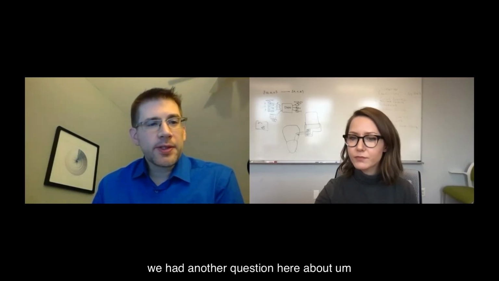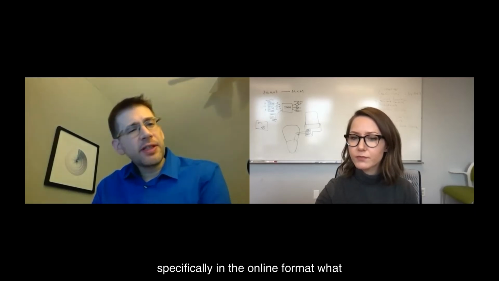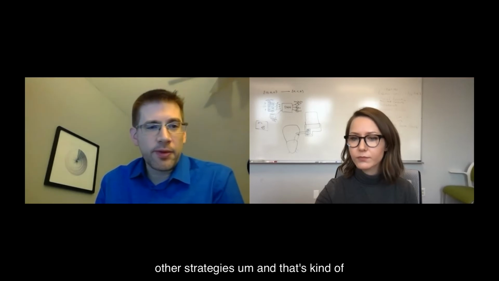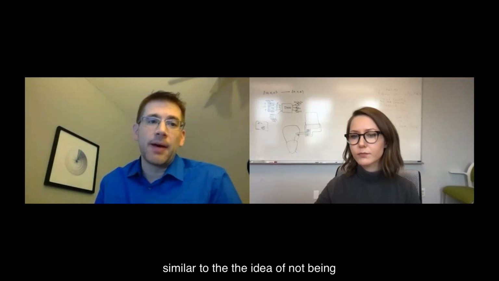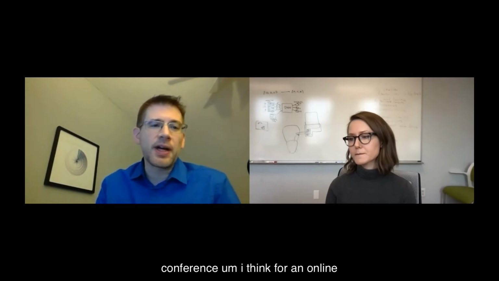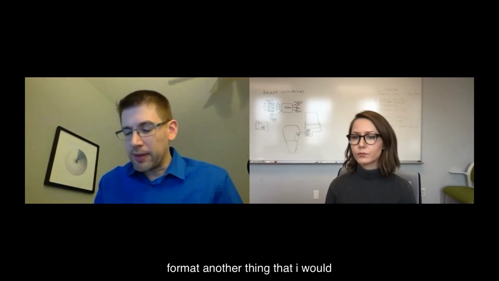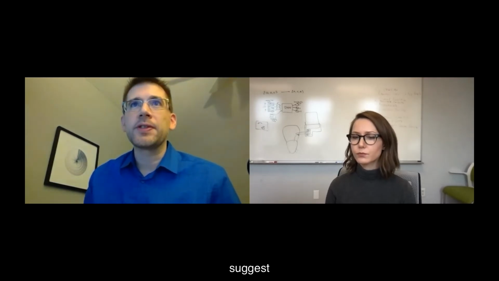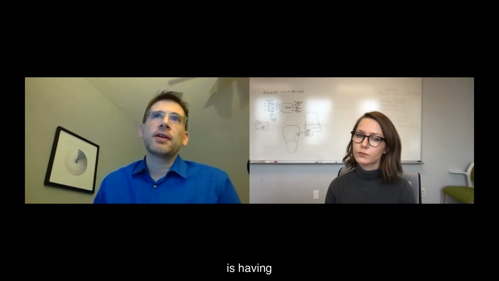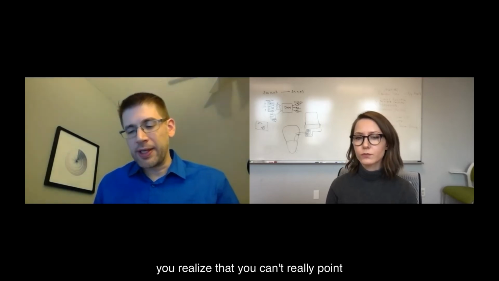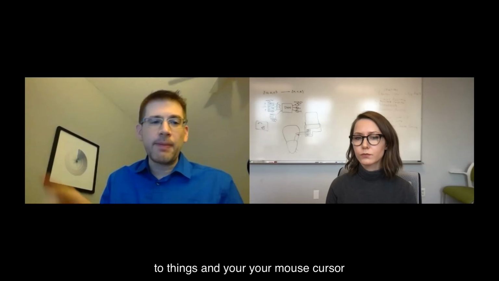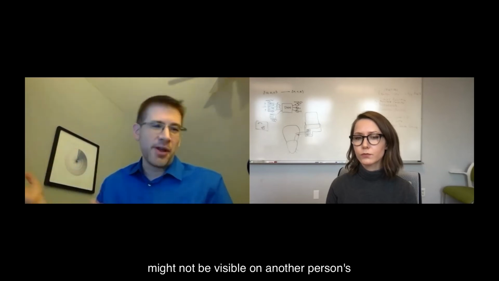We had another question here about specifically the online format, what other strategies? And that's kind of similar to the idea of not being there, even if it's an in-person conference. For an online format, another thing that I would suggest is having clear landmarks on your poster, because you can't really point to things, and your mouse cursor might not be visible on another person's screen.